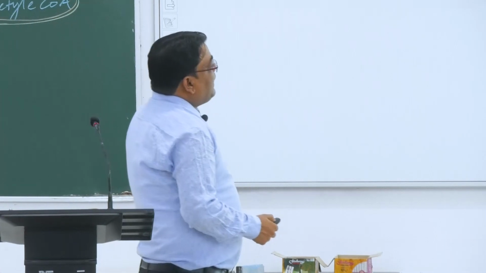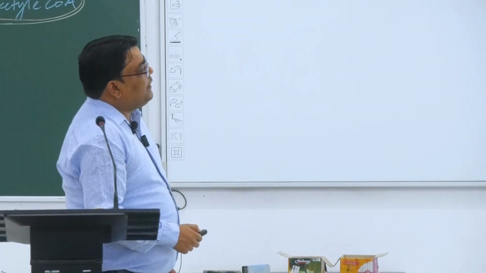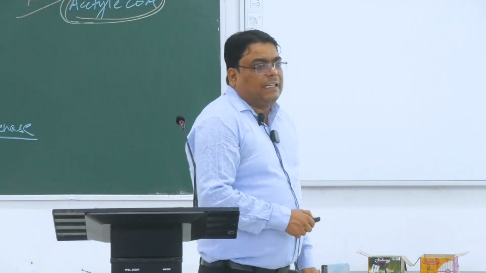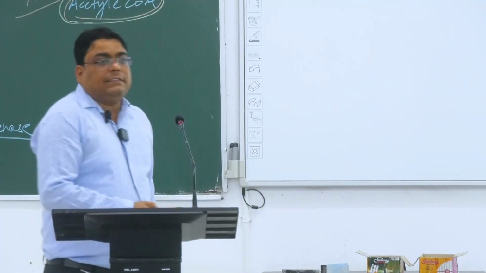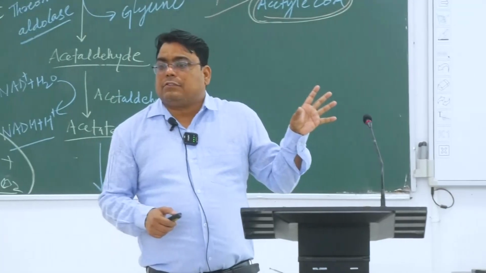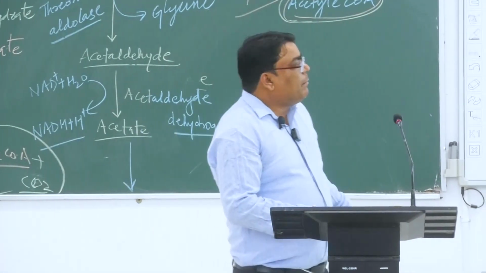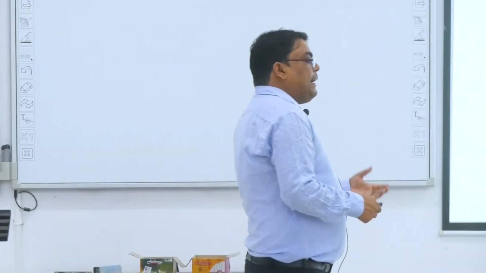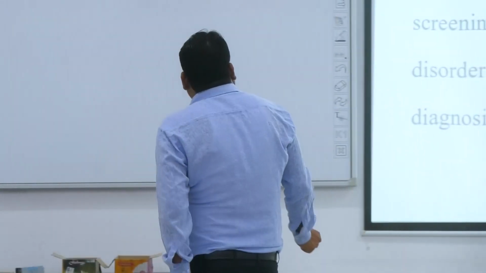Let's see diagnosis. Many infants with MSUD are identified through newborn screening programs, and the technique through which this disease may be recognized is tandem mass spectrometry. So write it.